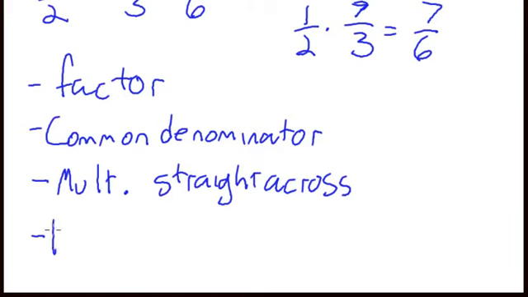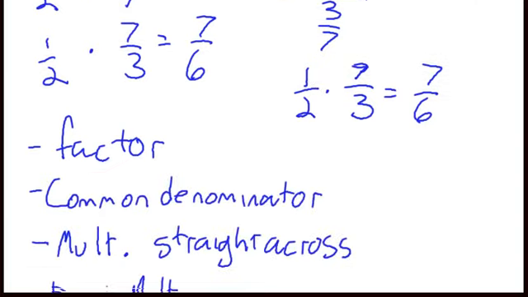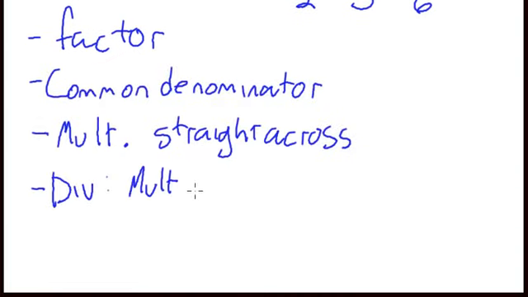And for division, just do multiplication, but use the reciprocal of the one that you're dividing by. I'm dividing by 3/7 here, so I'm going to multiply by 7/3. So you find the reciprocal of the one you're dividing by, and multiply by the reciprocal.